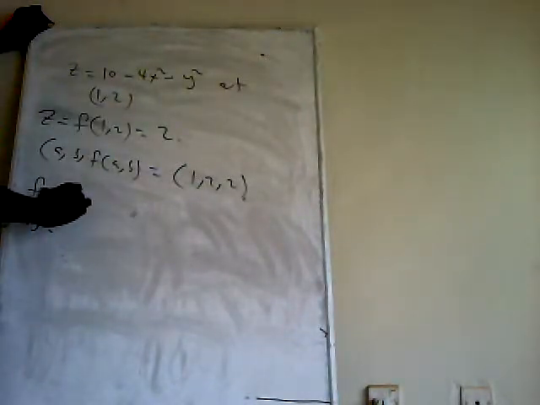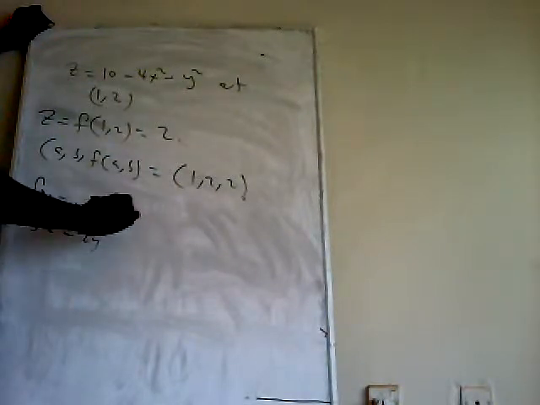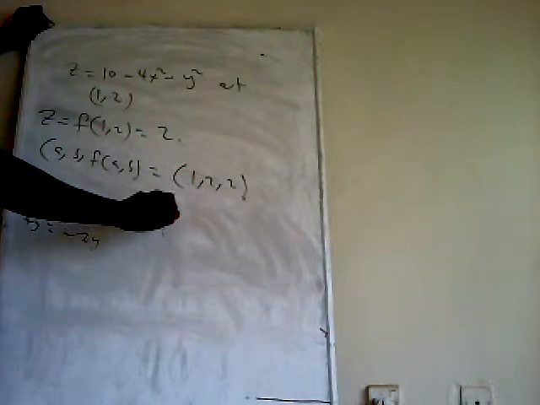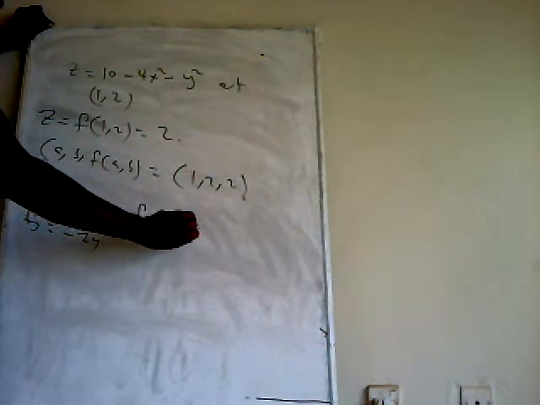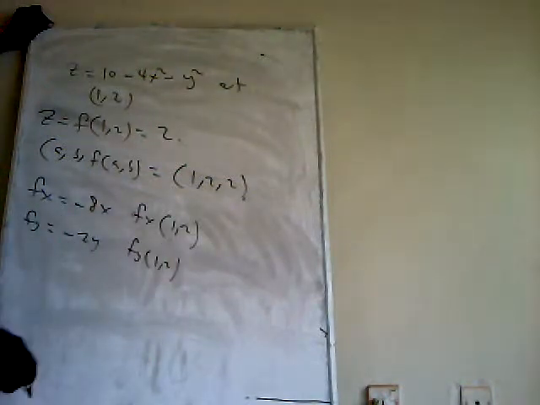Next, we need fx and fy. fx is minus 8x and fy is minus 2y. I need fx at a, b, which is 1, 2, and fy at a, b, 1, 2.